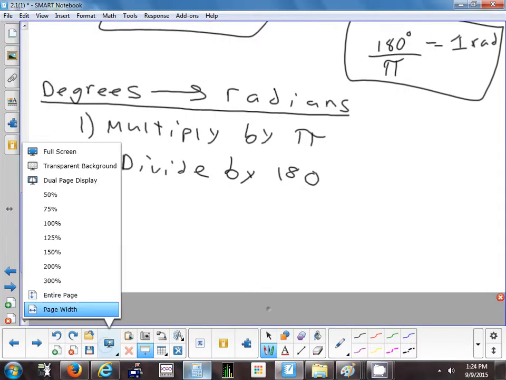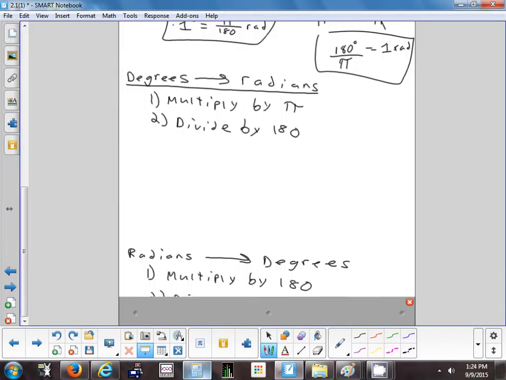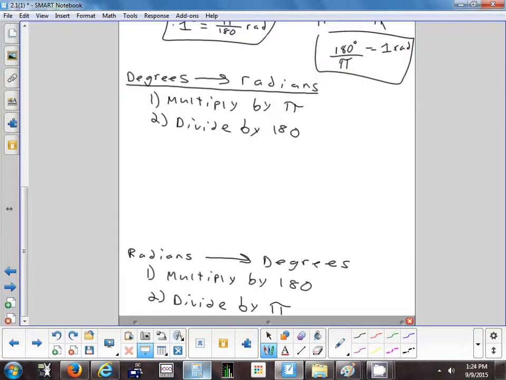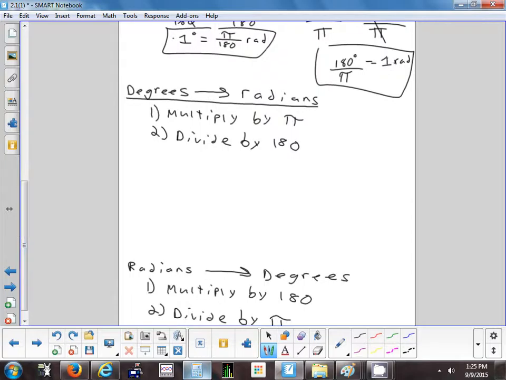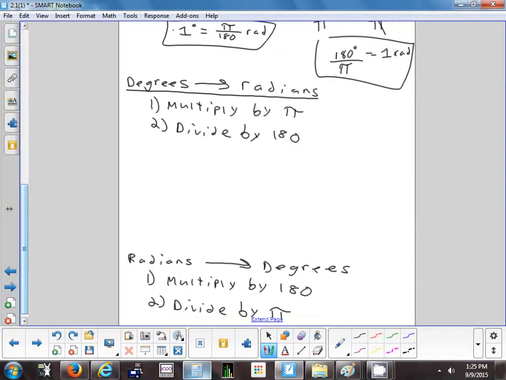To change from radians to degrees, this time you multiply by 180, divide by pi. And remember, when you see 180, that's the number I want you to think of with degrees.